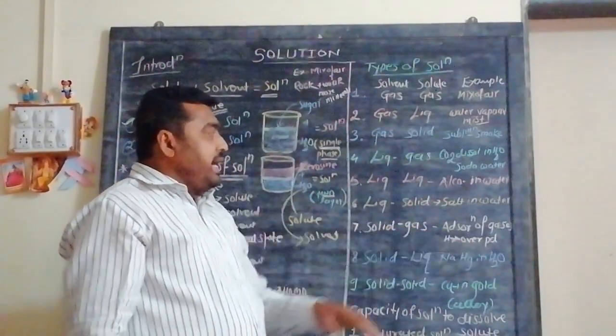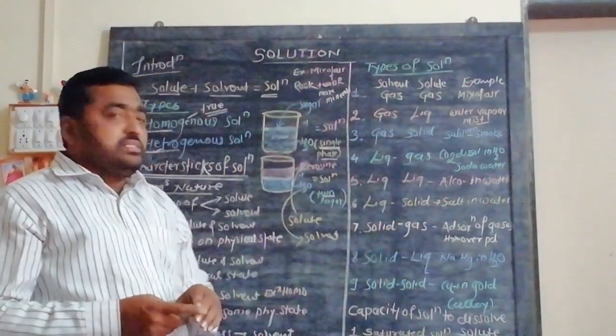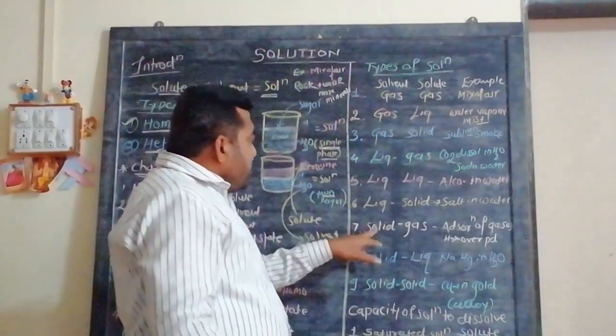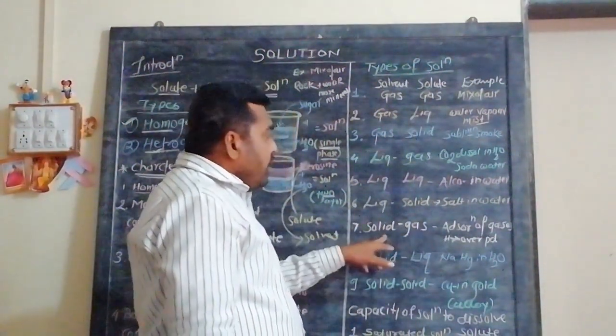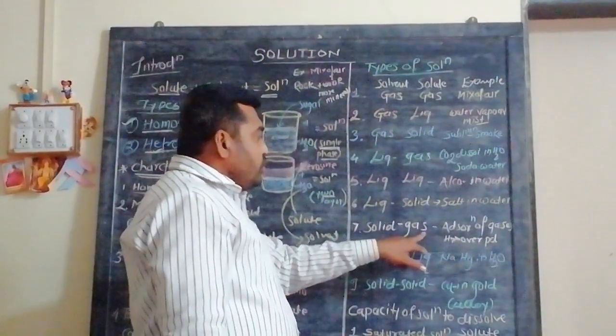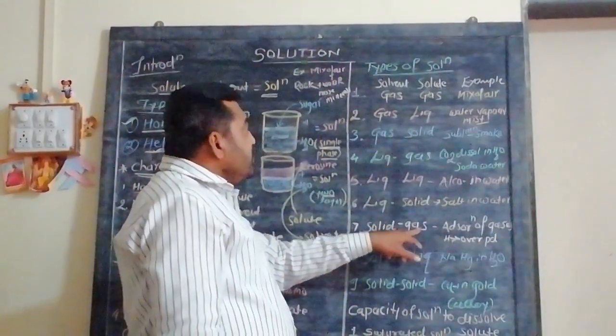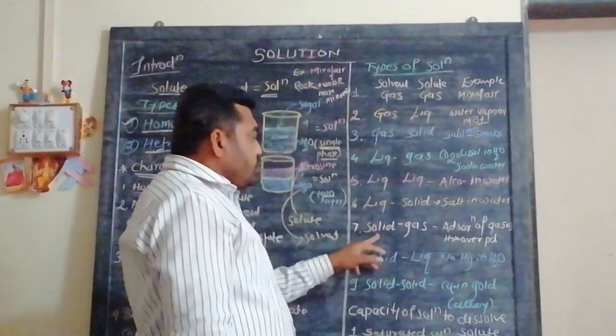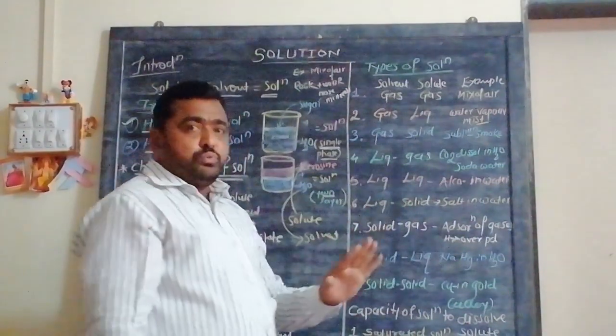The example is adsorption of gases, hydrogen over palladium. Palladium is the solid phase and hydrogen is the gaseous phase. Hydrogen is the solute and palladium is the solvent.